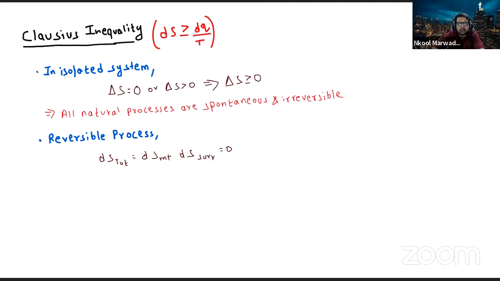It means that, and this is a very important point I am making, reversible processes are not spontaneous. They will not undergo on their own. We have to make them undergo.